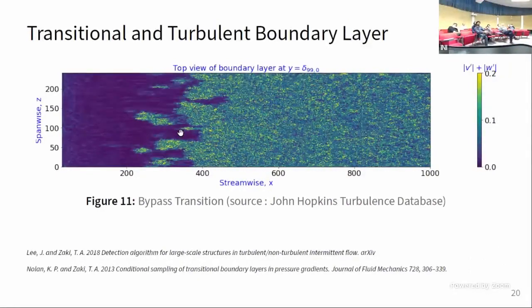But let me first explain what is happening here. The picture on the right-hand side is turbulent. On my far left is laminar.